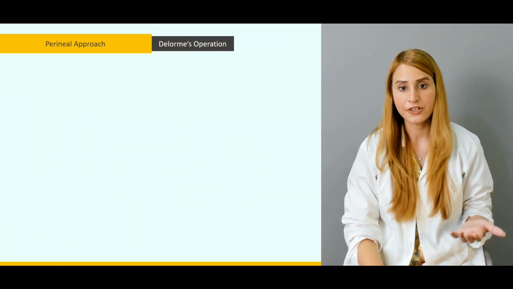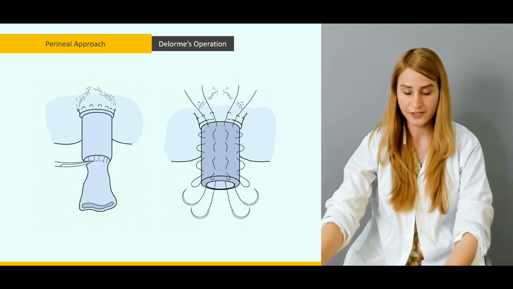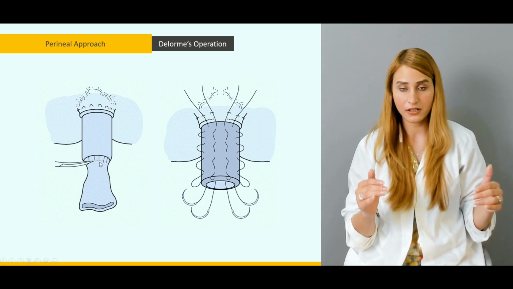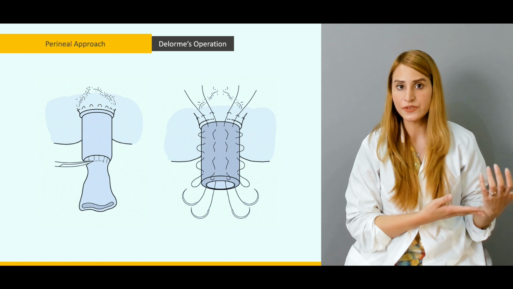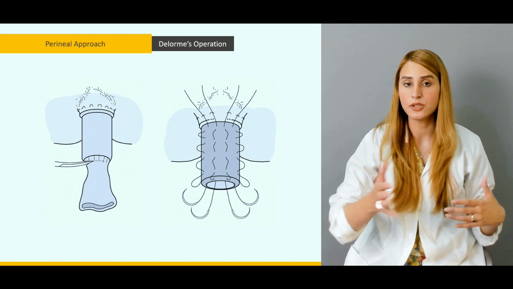The other procedure is Delorme's operation. In case of mucosal prolapse, you actually strip the mucosal layer.